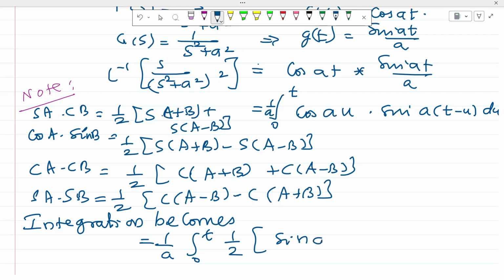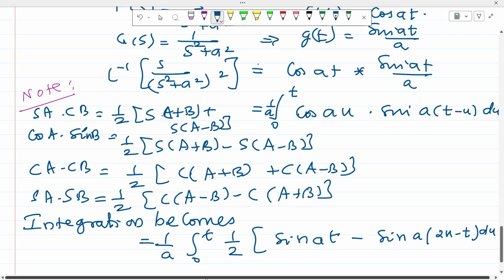Okay, sin at, fine. Then plus sin of a into 2u minus t, 2u minus t, is it not? du. Okay, fine.